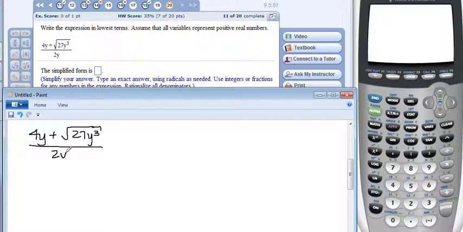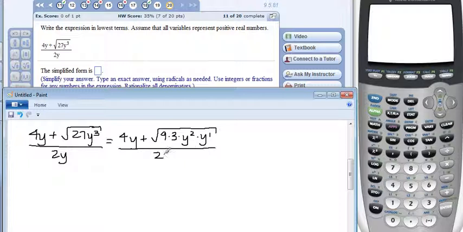Okay, what do we got? We got a mess. I see some stuff that can be reduced up in here though, so maybe I'll do that first. 27 is 9 times 3. And I'm doing groups of 2's because my index is 2, so I can say that's a y squared times a y to the first.